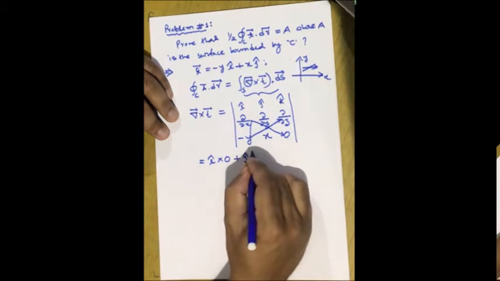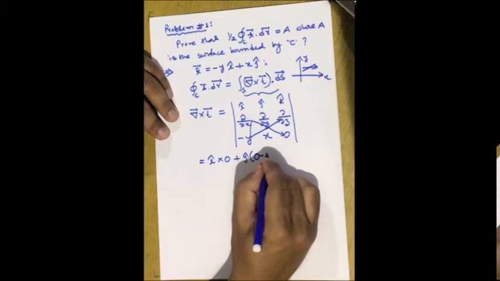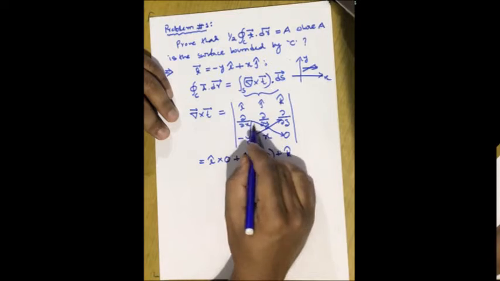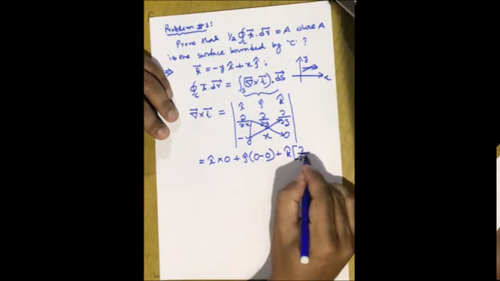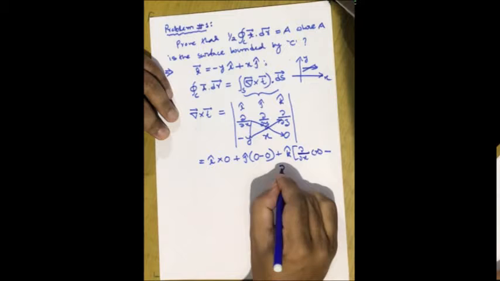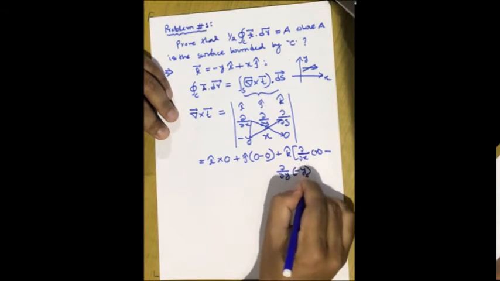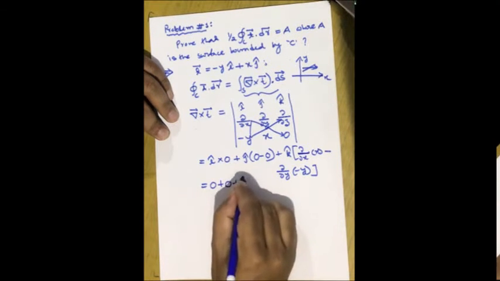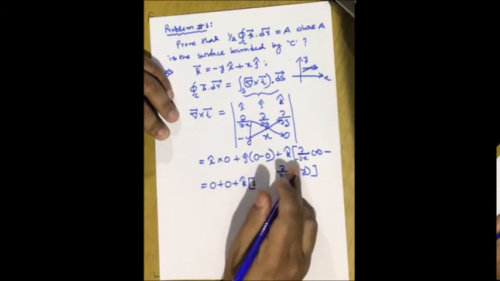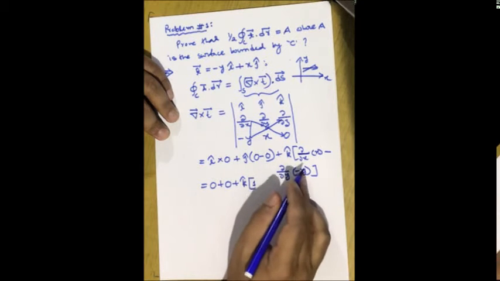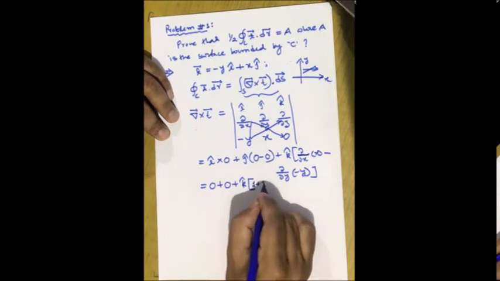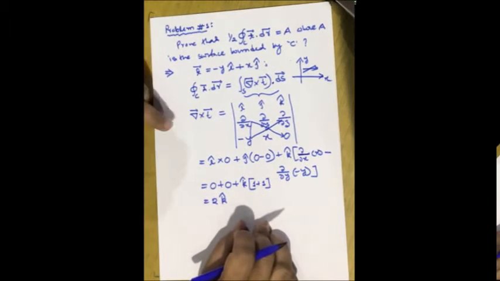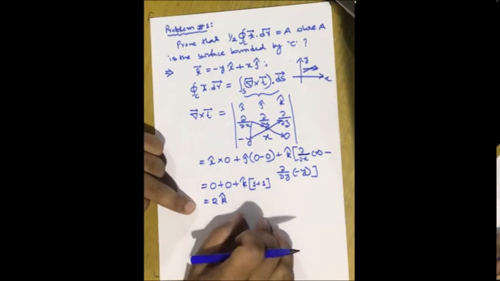For k cap, it is del by del x of x minus del by del y of minus y. Del by del x gives 1, and del by del y of minus y gives 1, since minus minus is plus. So this will be equal to 2 k cap. So the curl of that vector field is equal to twice k.